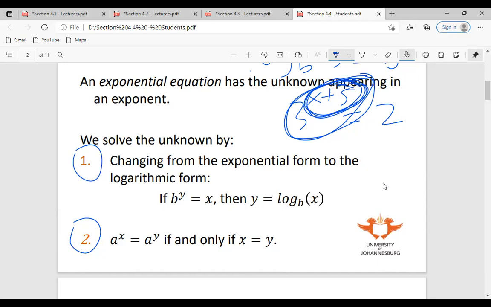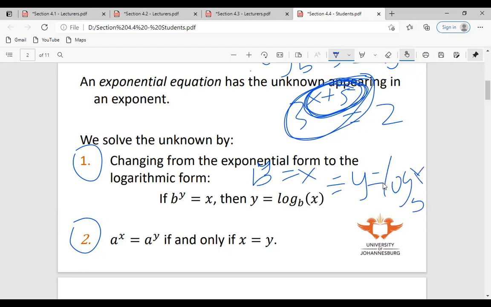It will either be given to you in the form b to the y is equal to x. Then y is in the exponent and you want to solve for it, so you translate it into an equivalent log, which says that y is equal to log x base b.